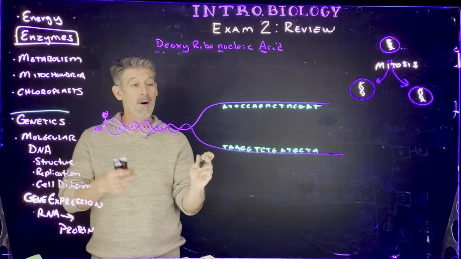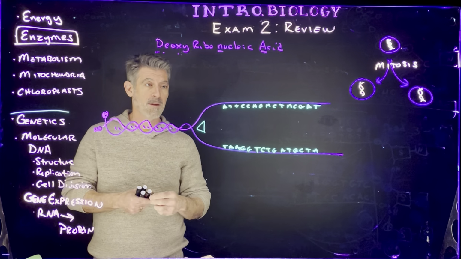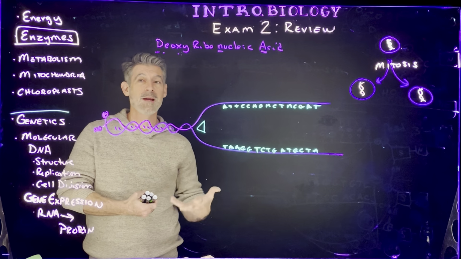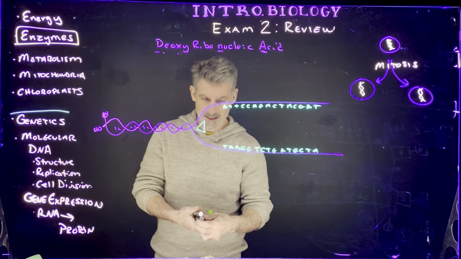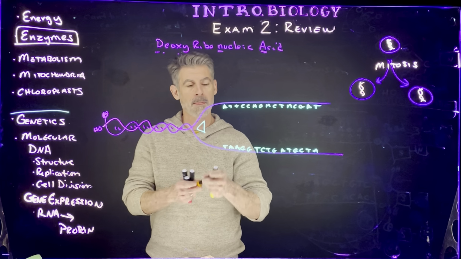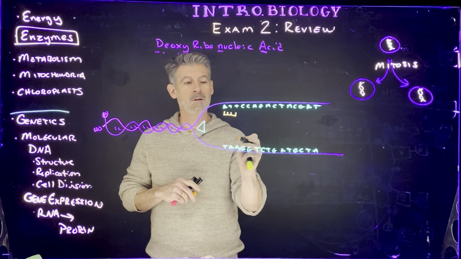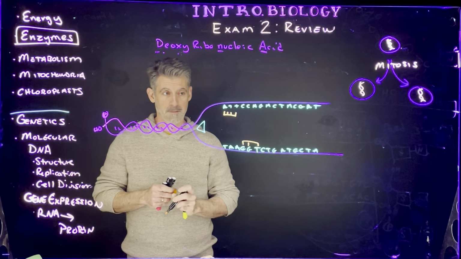Okay, so they're pulled apart by an enzyme. Remember I said an enzyme called helicase pulls the strands apart. The DNA polymerase can't just make stuff from scratch. It requires an RNA primer. So it actually needs a little bit of RNA to be attached to these strands here to build off of.